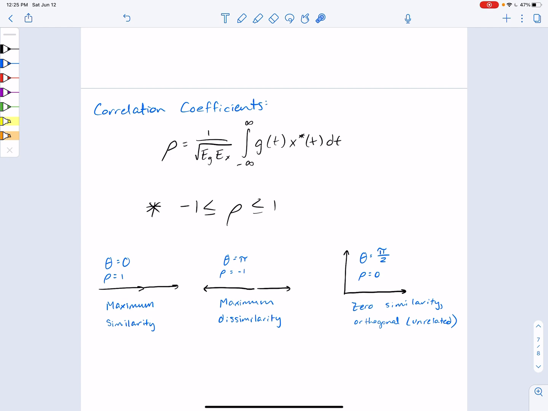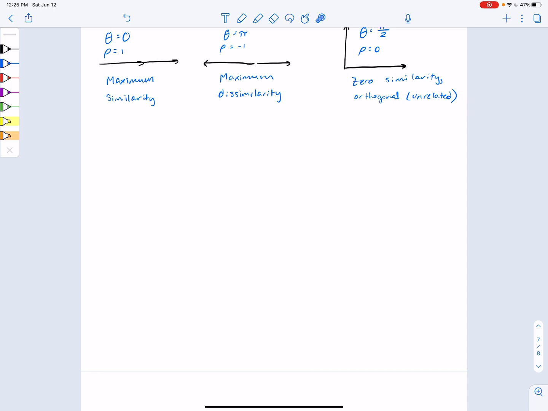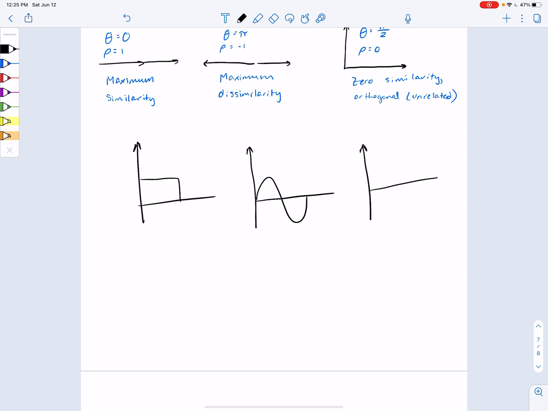Now, why would this be helpful? Why would I want this value to show how similar signals are? Let's say we have a bunch of different signals to choose from. We are going to make some kind of transmission, and we have all these signals to choose from.